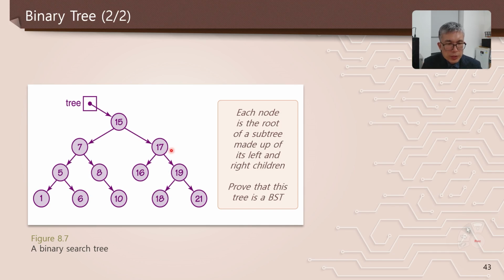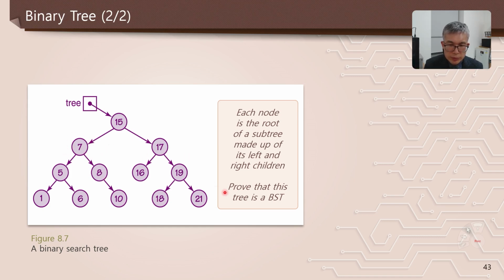And in this figure, this node points to this root. Each node is a root of a subtree made up of its left and right children. So this one is the left subtree, this the right subtree. Also, this one is a left child, this is a right child.